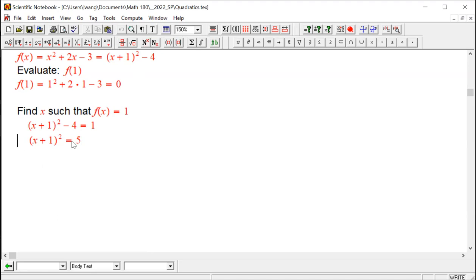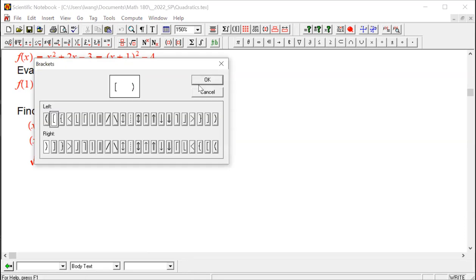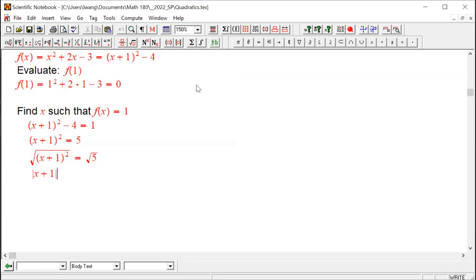And then we take the square root on both sides. We get root 5, and the left-hand side is going to be the absolute value of x plus 1, and the right-hand side is root 5.